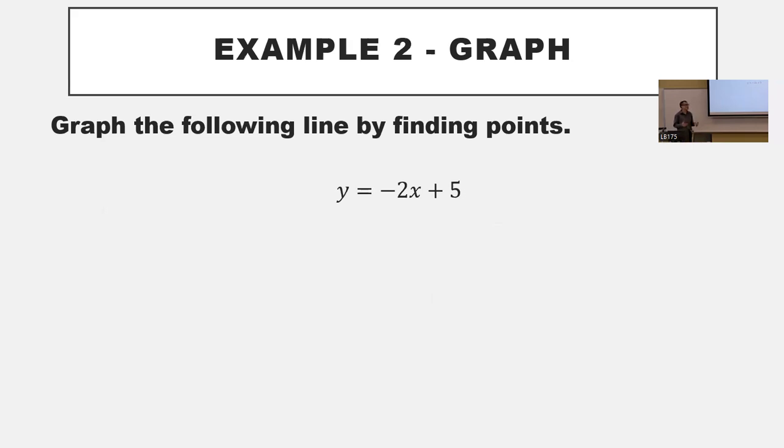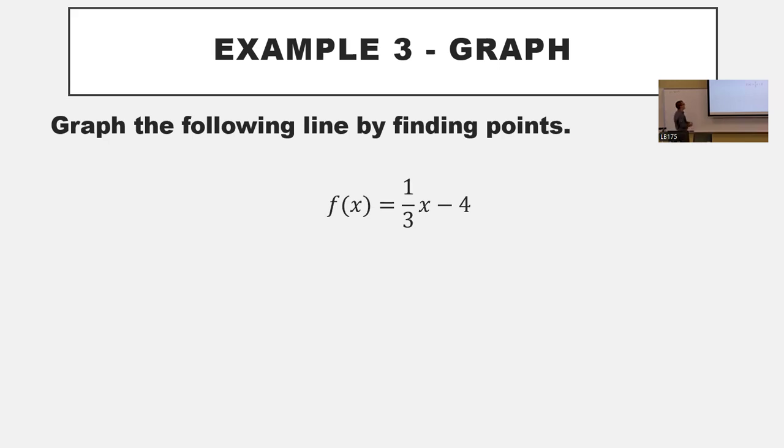So if I wanted to graph this linear equation, which is y is equal to negative 2x plus 5, and if I wanted to do that by hand, I could just plug in x values and figure out what the corresponding y values are, and then plot those points.